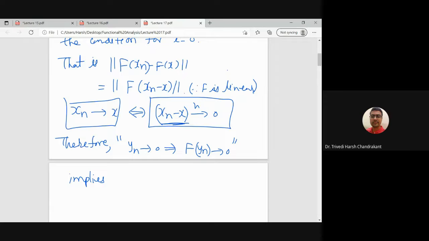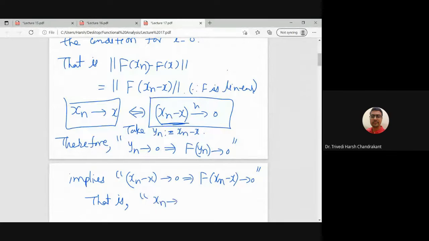Let us take yn defined to be xn minus x. If we assume this condition, yn converges to 0 implies f of yn converges to 0, then substituting, xn minus x, that is yn, converges to 0 implies f of xn minus x converges to 0, and that is nothing but xn converges to x implies f of xn converges to f of x, because f is linear.